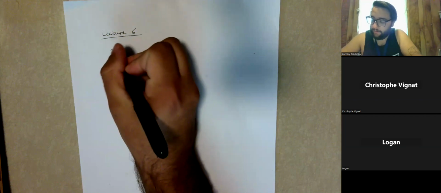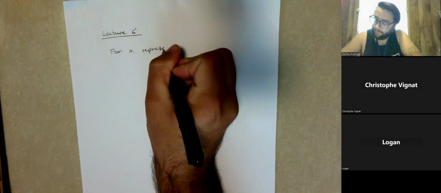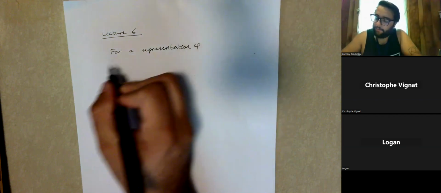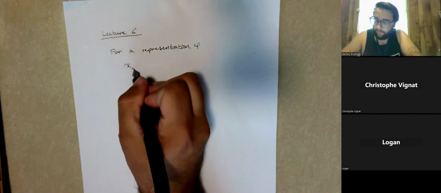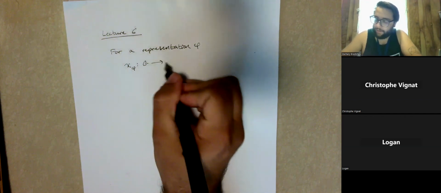So for a representation phi, we're going to define a function chi phi, which maps the underlying group to the complex numbers.